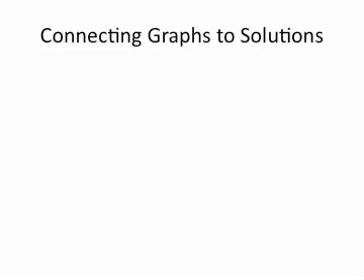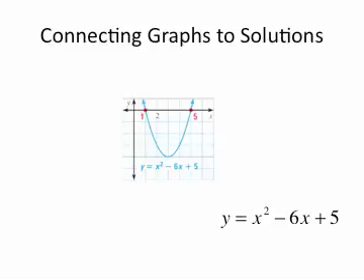So how do we connect graphing an equation to the solutions or its roots? Well, here's an equation, y equals x squared minus 6x plus 5. If I graph that, it looks like the blue line here shown. It's a parabola, it opens upward, and we can see where it crosses the x-axis.